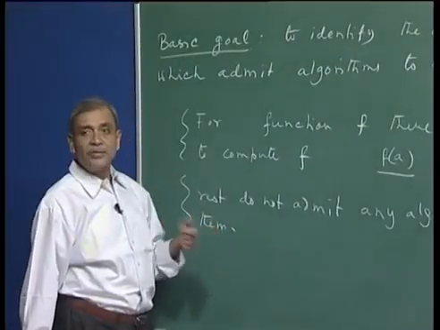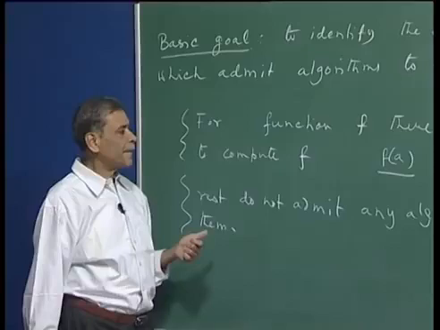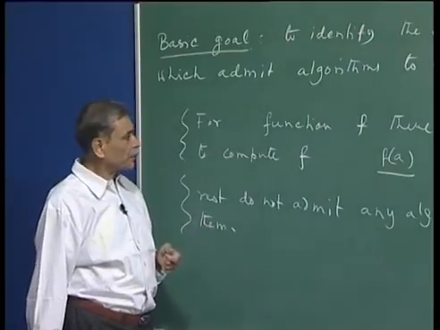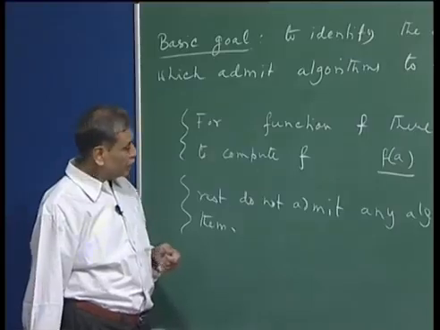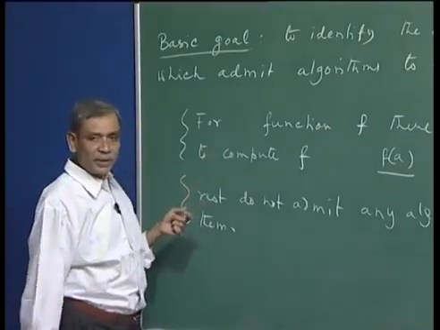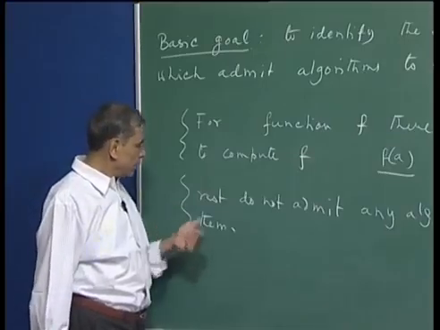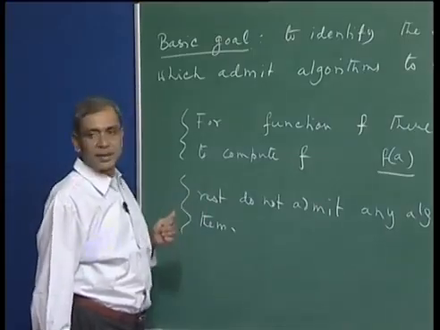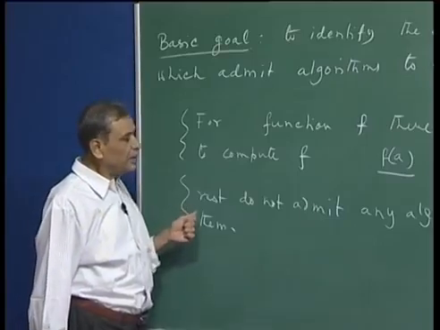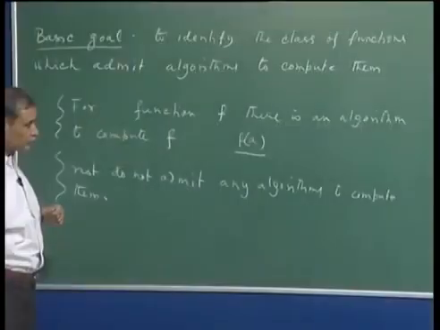In other words, I will not have an algorithm in general to compute that function. And as I said, most of the functions, unfortunately if you like, fall in this class, that they do not admit any algorithm to compute them.